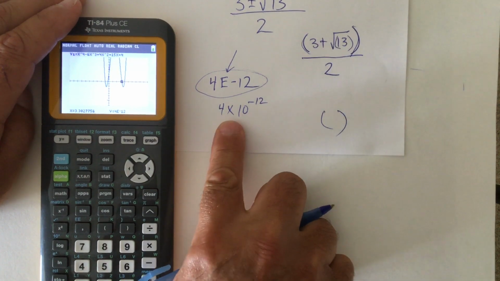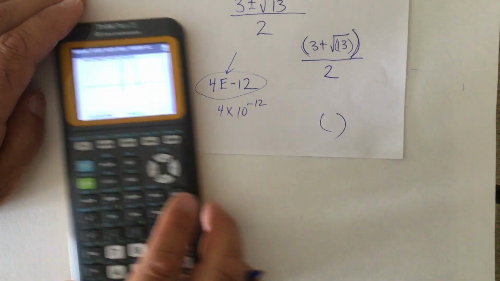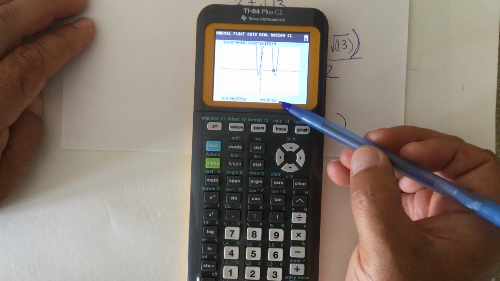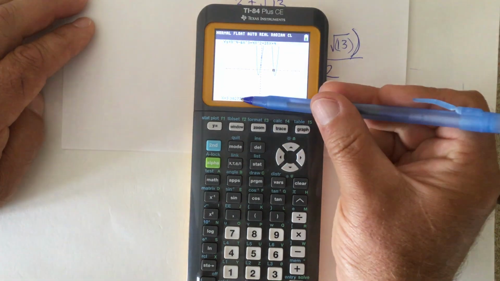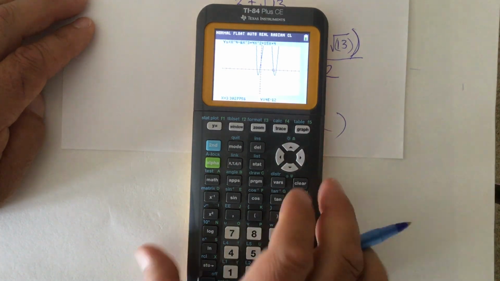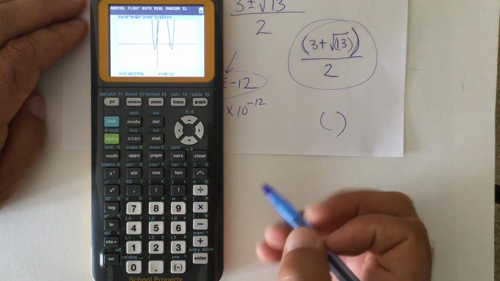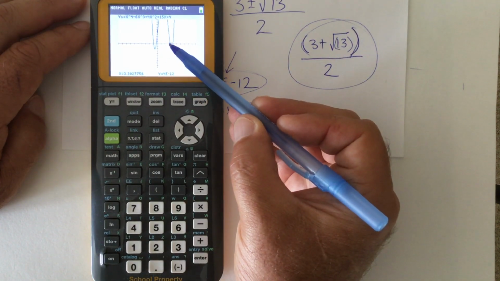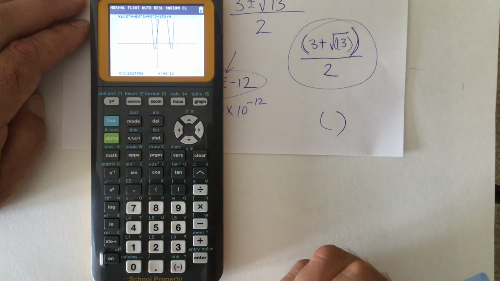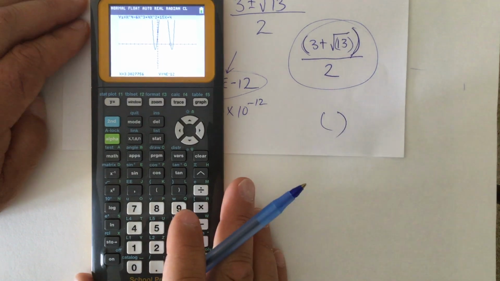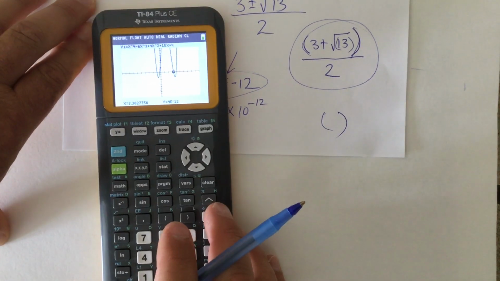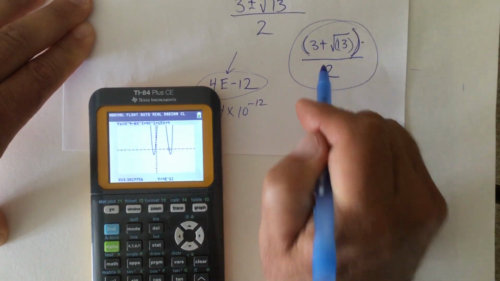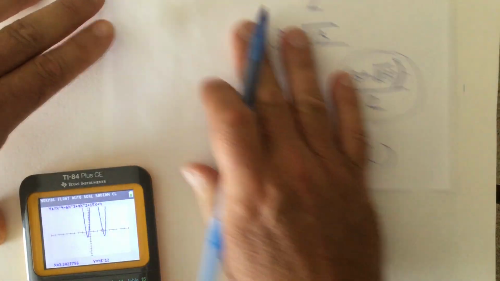That is an extremely tiny number. So guess what? This is your calculator trying to say 0, but it doesn't know how to pronounce the word 0. So that number right there is the decimal equivalent of that when I plugged it in. But look, see where it's blinking? It's right on the x-axis. That is an x-intercept.